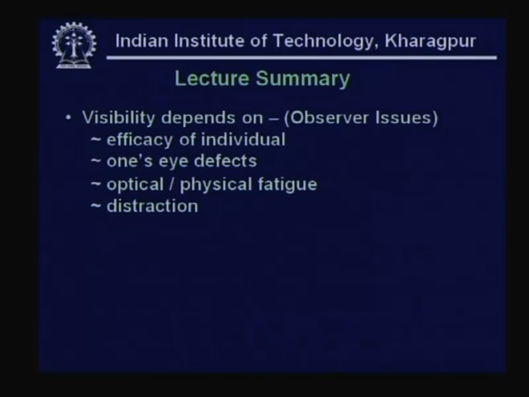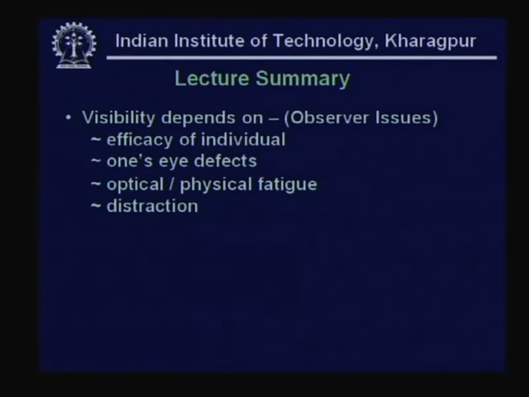Fatigue could be retinal or muscular, and over a day there is a dilation in the pupil because of which fatigue sets in. What does the fatigue do? Fatigue essentially affects the accommodation ability, and visibility no doubt depends on distraction.